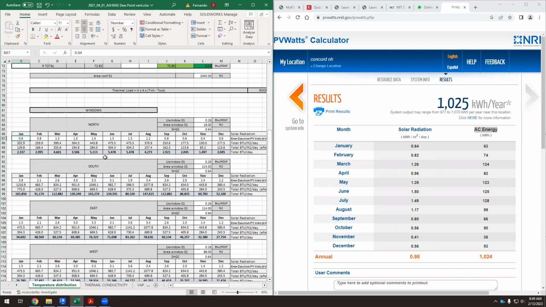So what does it mean? We have a wall, there's a window, and this is indoors. And this is outdoors. Here we have the sun. So the sunlight and heat comes from the sun, millions of miles away from us, and this is our building.